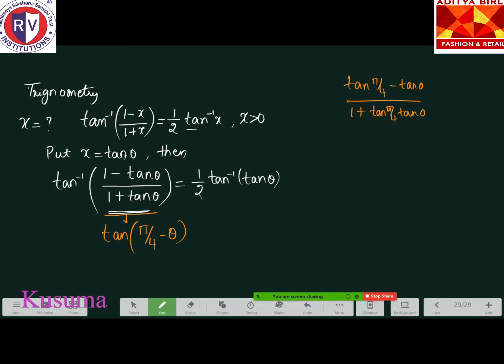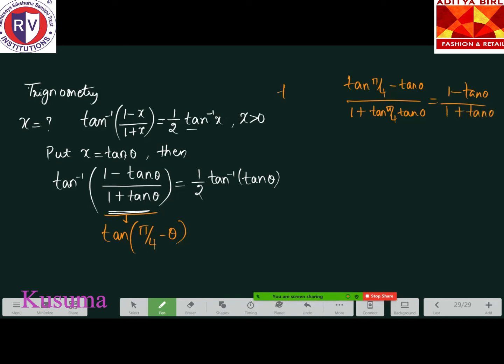So, you know what is tan pi by 4? Tan pi by 4 is 1. So this is 1 minus tan theta divided by 1 plus tan theta, right?